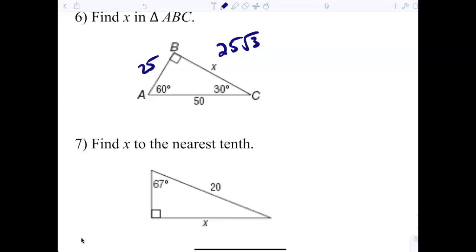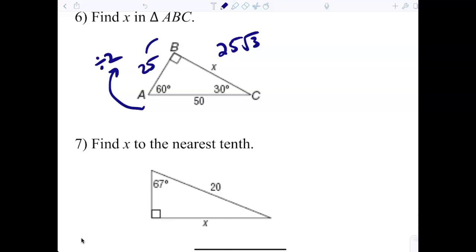But again, I want you to make this note, though. I really think this is a good thing to know without using trig. So I need you to make sure you understand from the hypotenuse to the side opposite the 30, you divide by 2.